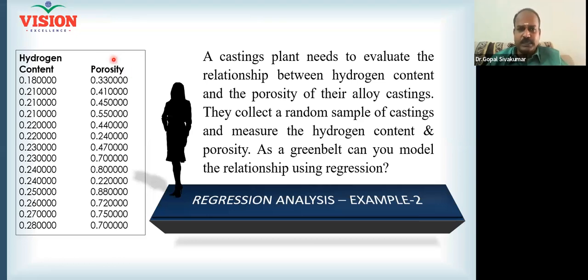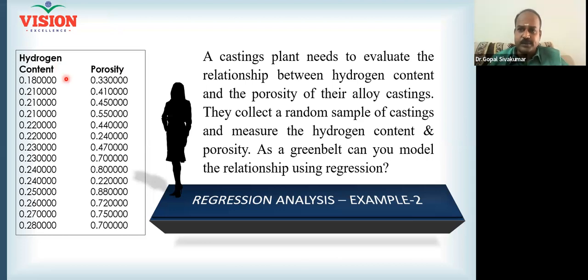So you did brainstorming, you did why-why analysis, you did cause and effect matrix, and so many things. And there is a strong suspicion that hydrogen content should also be optimized. We never kept an eye on the hydrogen content.